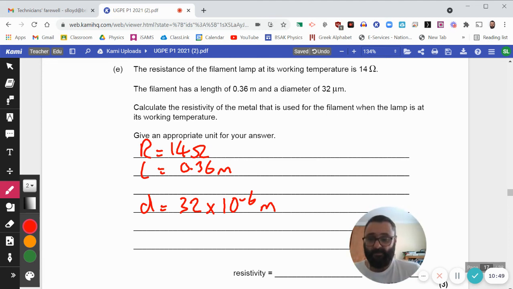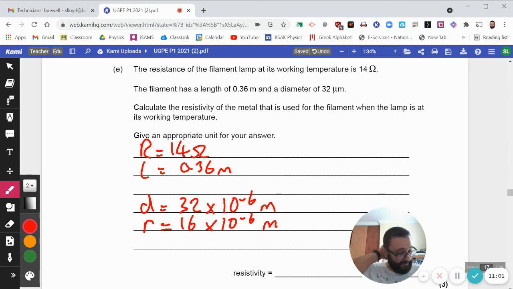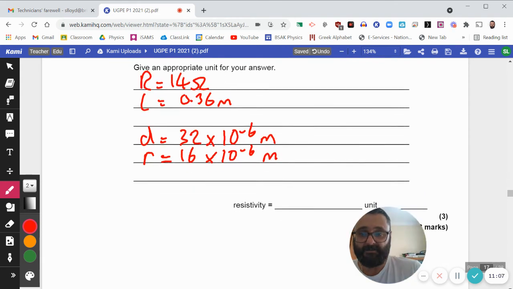All right? Now we want not diameter, we want radius, don't we? So what's the radius? Radius is 16 times 10 to the minus 6 meters. Again, I'm just going to leave that. Right, what do we know? What do we need to know to find the resistivity?